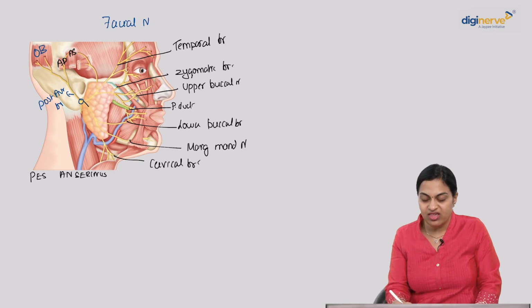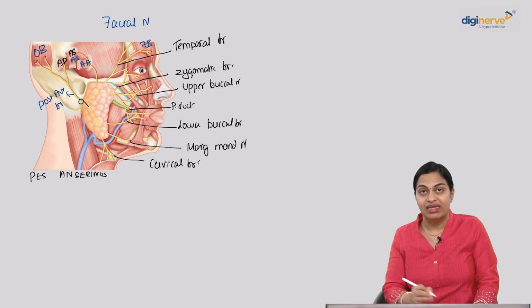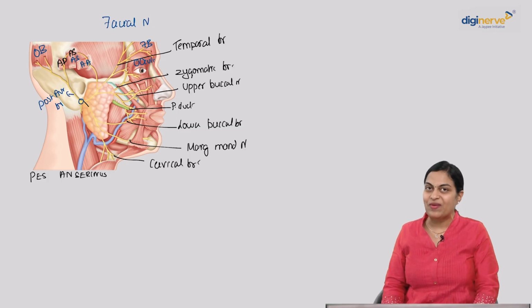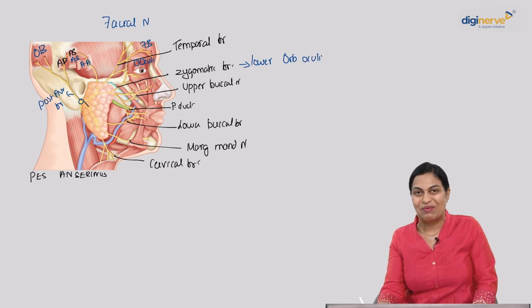The temporal branch supplies auricularis superior, auricularis anterior, the frontal belly of occipitofrontalis and the upper part of orbicularis oculi. The zygomatic branch supplies the lower part of orbicularis oculi.